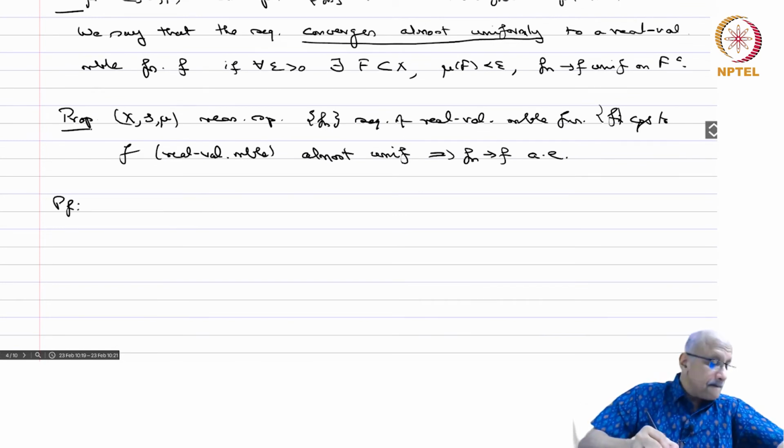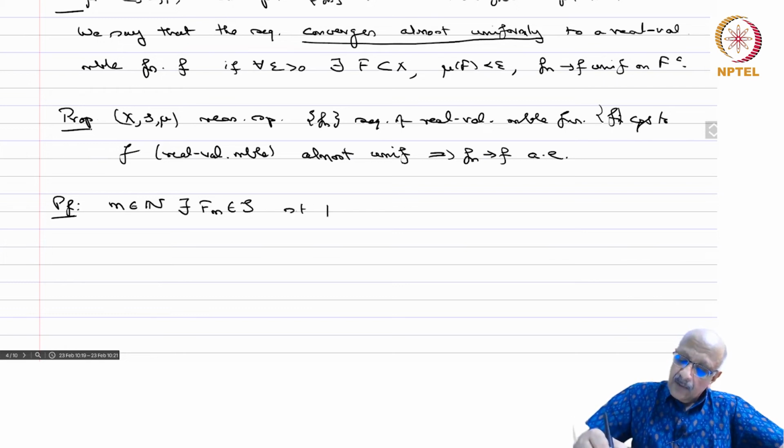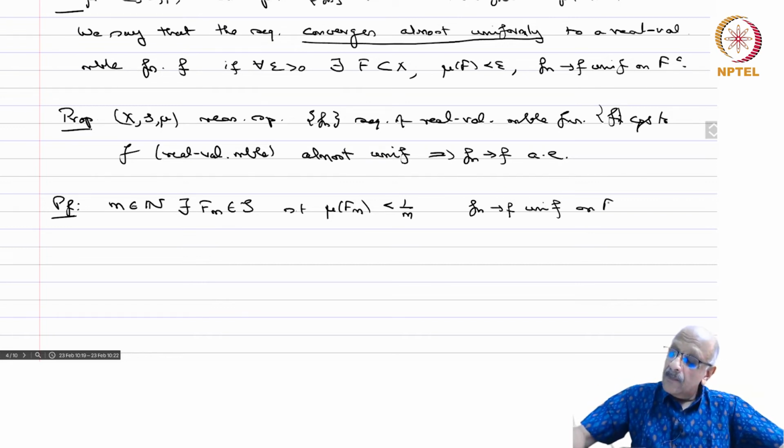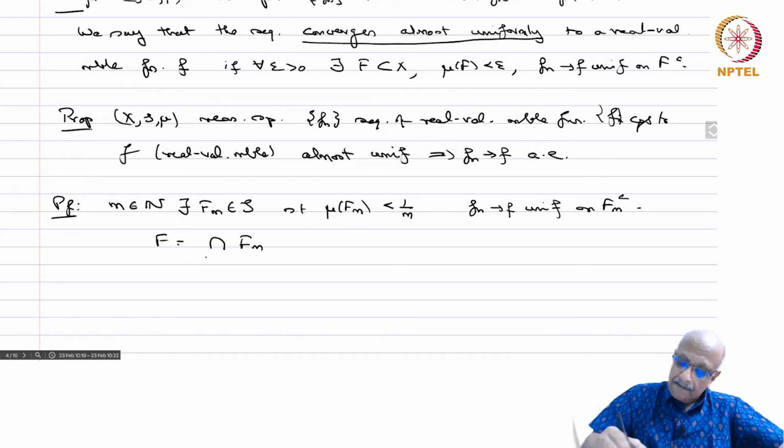Proof. Let m be an arbitrary positive integer. You choose Fm in S such that mu of Fm is less than 1 by m, and fn converges to f uniformly on Fm complement. Now you set F equals intersection of Fm, m equals 1 to infinity.